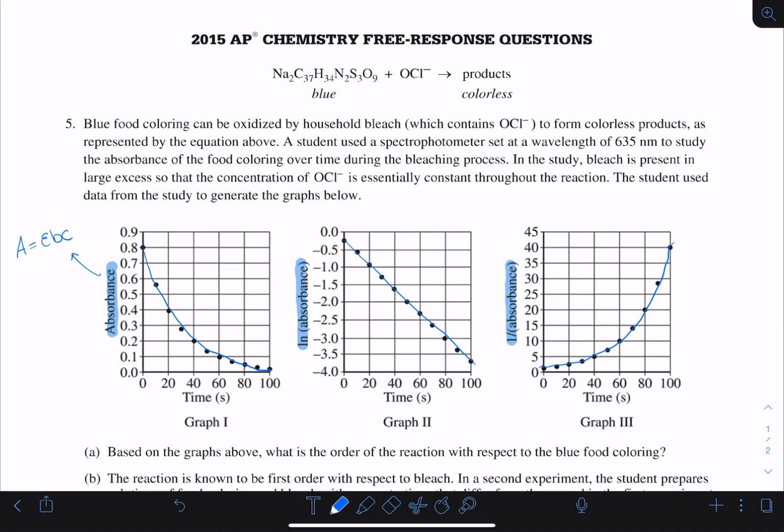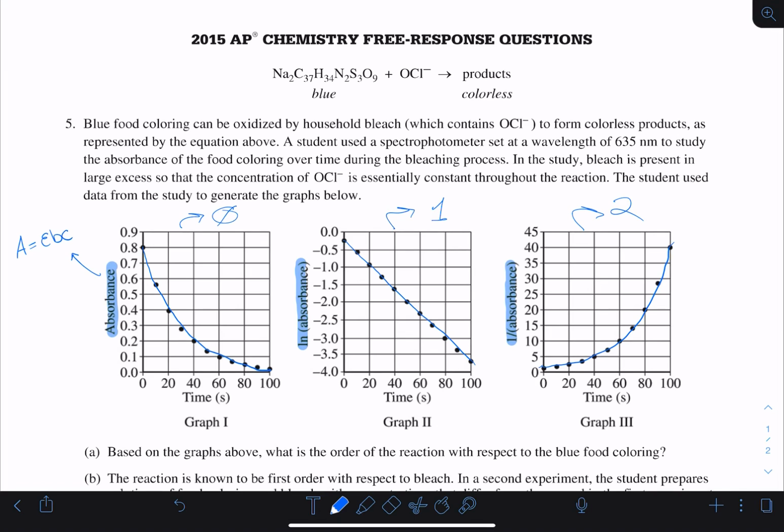We know that one way that we can determine the reaction order is by looking at which of the plots is linear. If this one were linear, that would represent a 0 order reaction, but it's not. If this one is linear, which it is, that's a first order process.